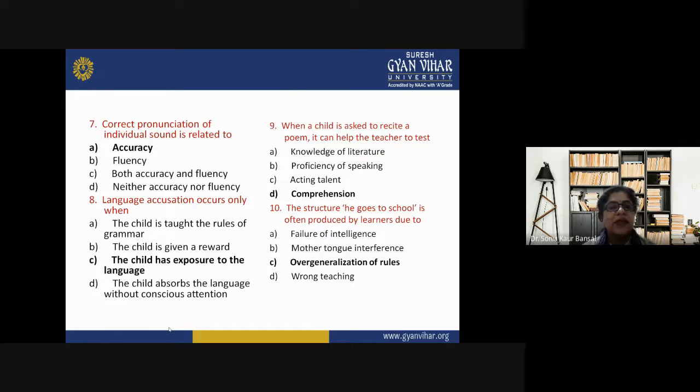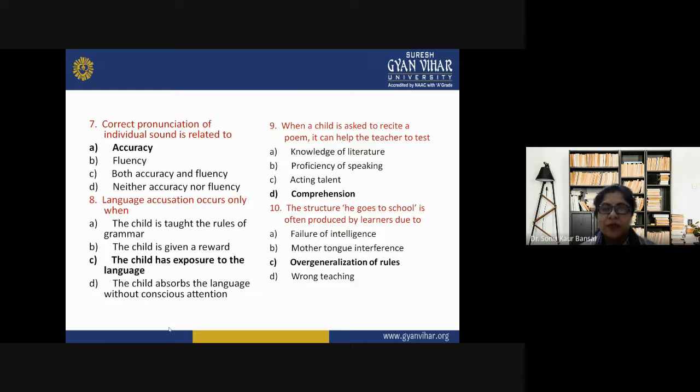Next, correct pronunciation of individual sounds is related to accuracy, fluency, both accuracy and fluency, or neither accuracy nor fluency. So we are here talking about correct pronunciation. How much time you take in that doesn't matter.